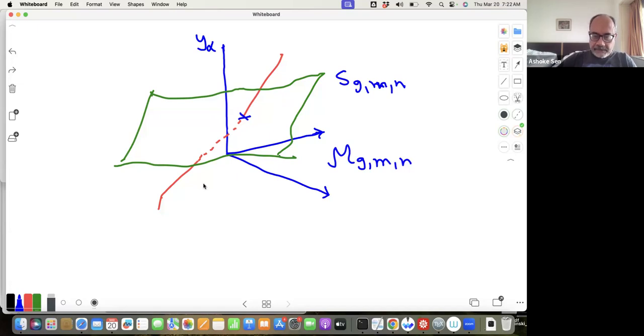If it doesn't have any intersection, then you don't have to worry. But generically, it will have intersection, because a codimension 2 subspace intersected with a dimension 2 subspace will have a point intersection.